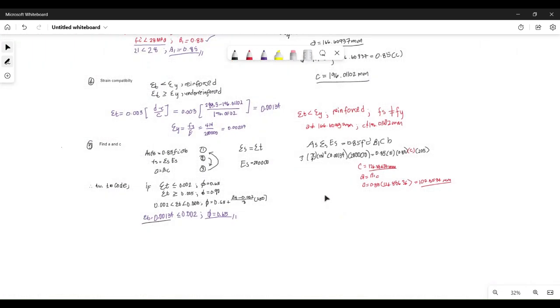So next, we now have the true values of A and C. We have to compute the nominal moment capacity, or MN.